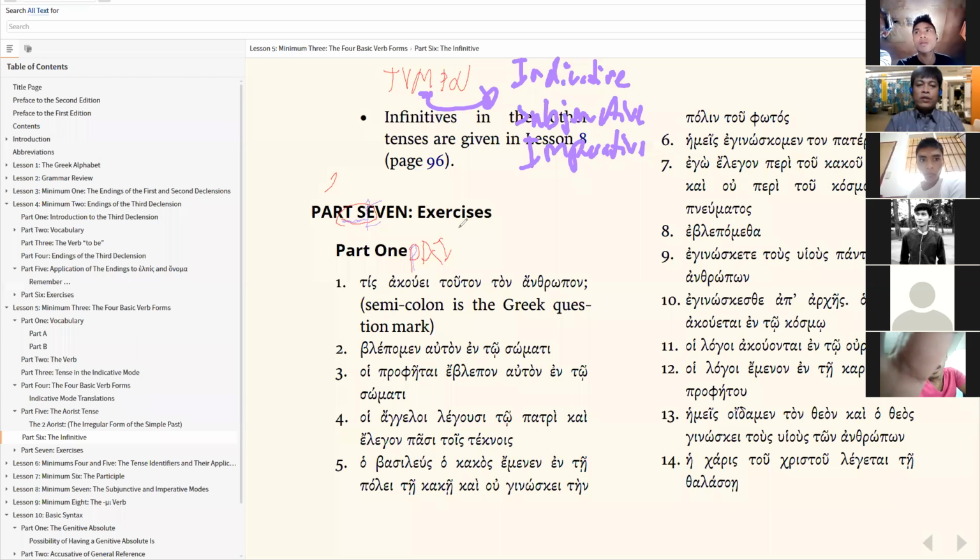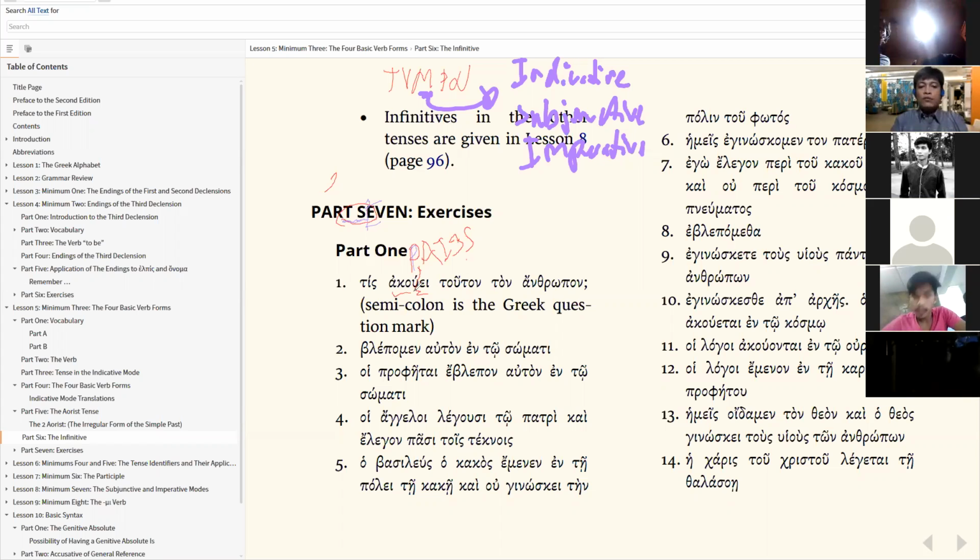First person, second person, third person. This is third person. What is the number? Number is singular. All right, very good. So: present, active, indicative, third person, singular. This is how you are going to parse the verb.